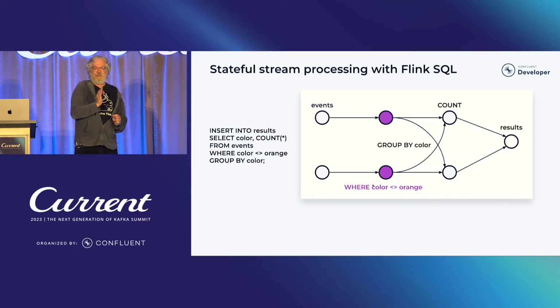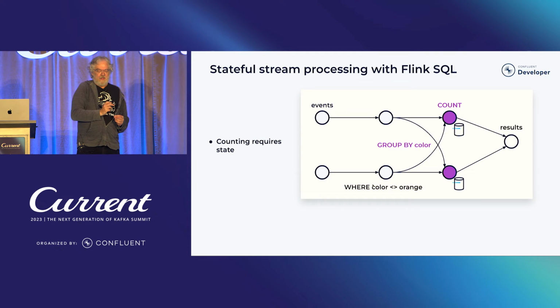Filtering is a nice example of an operation that doesn't need to keep any state. You don't need to remember anything about previous events to figure out if the current event you're processing is talking about an orange event or not. You can just look in the event and decide what to do with it. So that's completely stateless. But counting, on the other hand, is something that obviously requires that we store something.